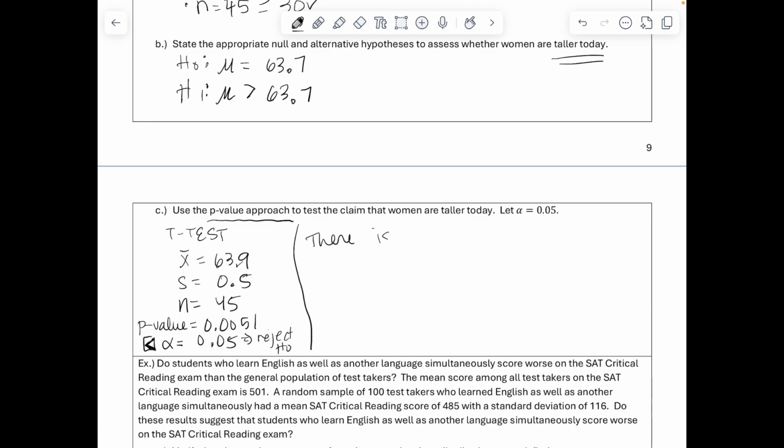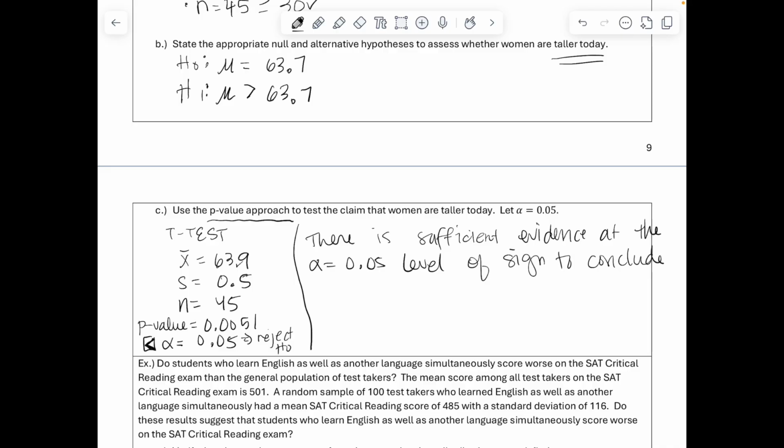So there is sufficient evidence at the alpha equals 0.05 level of significance to conclude that, and again, H1 was saying that women are taller.